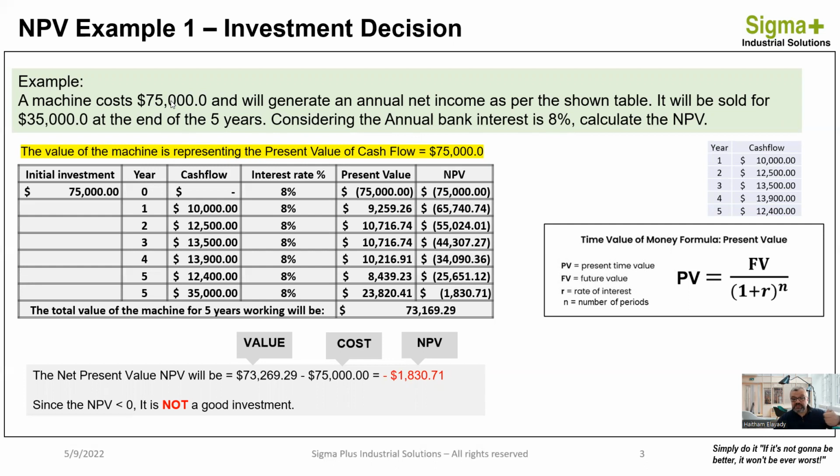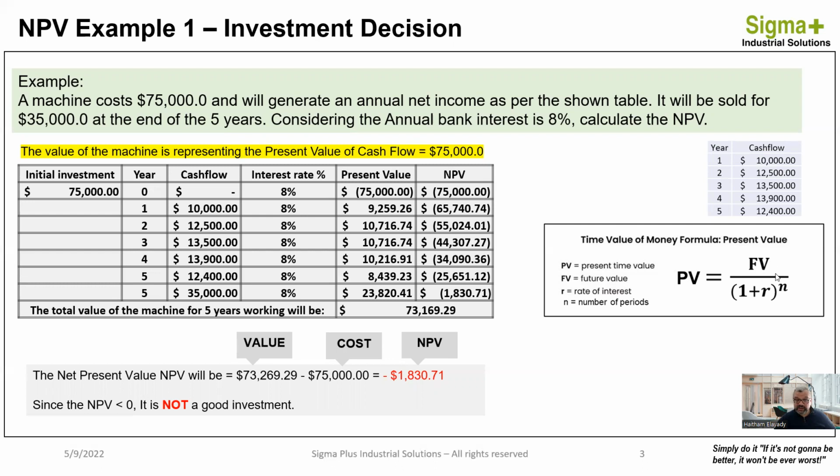So you spent $75,000 to buy a new machine, so from that time, you have a negative cash flow of $75,000. In the first year, you got $10,000 with an 8% interest rate, which has a present value of $9,259.26. How did we calculate that?